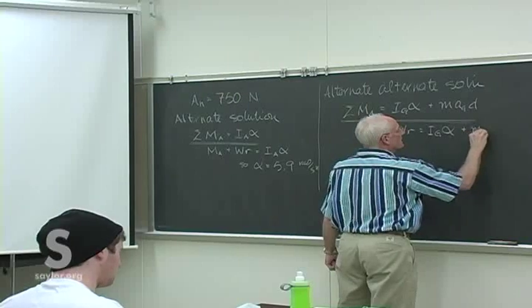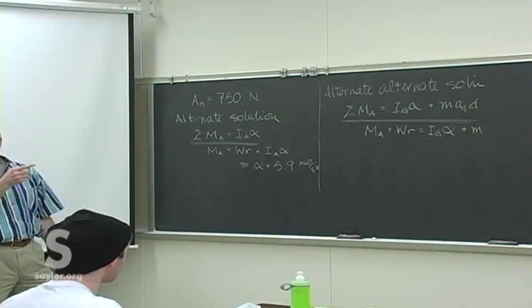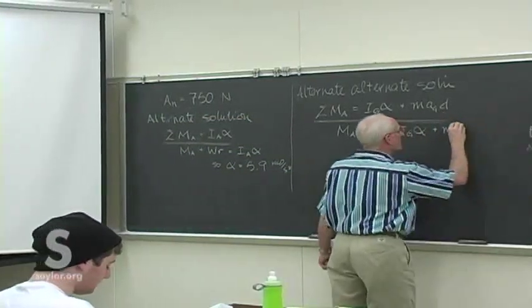And then the mass is the mass of the bar. AG, with respect to point A, is R alpha.